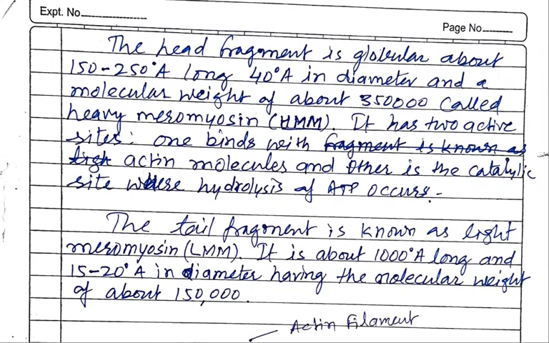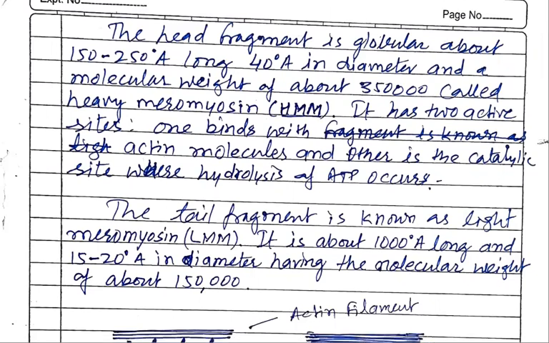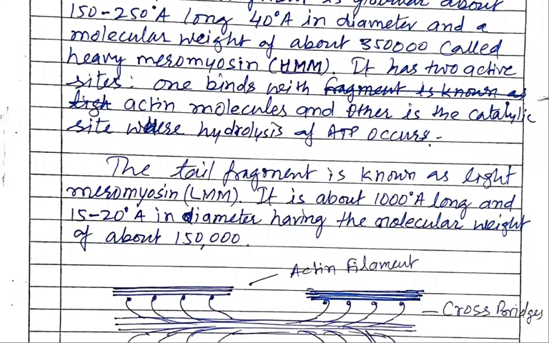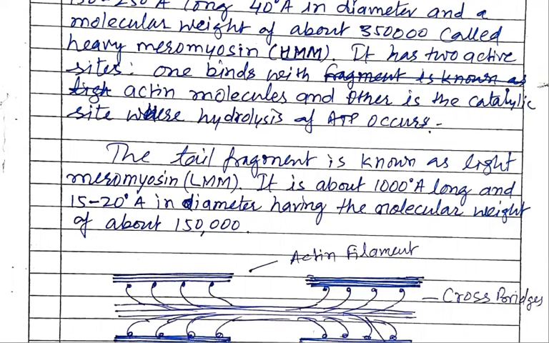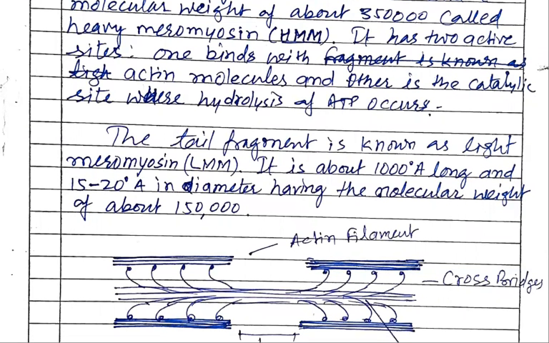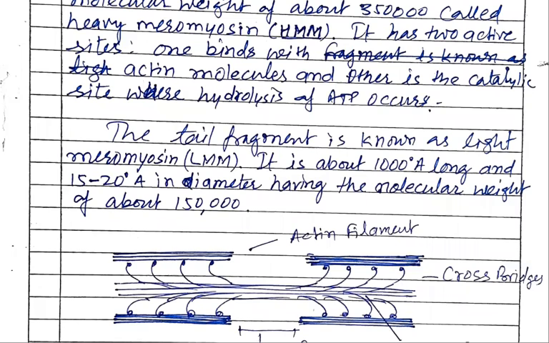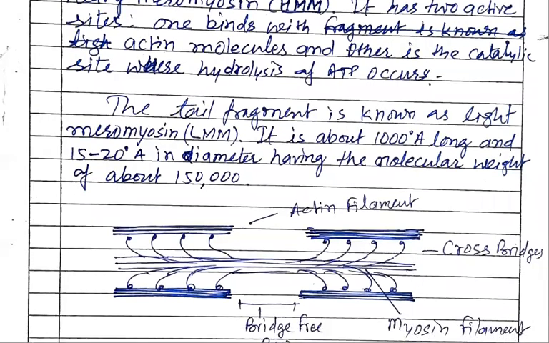The tail fragment is known as light meromyosin, or LMM. It is about 1000 angstrom long and 15 to 20 angstrom in diameter, with a molecular weight of about 150,000 units.